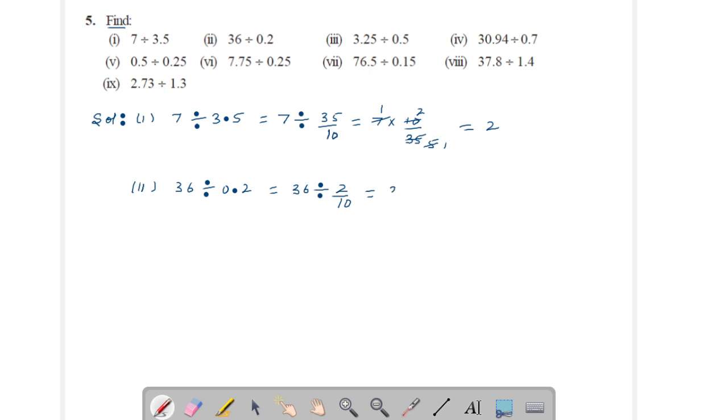Now change division into multiplication. 36 into the reciprocal of 2 upon 10, that is 10 upon 2. Here cancel 2 and 36 by 2. 2 1 ja, 18 2 ja. Here multiply 18 into 10, it is 180. This is your answer.